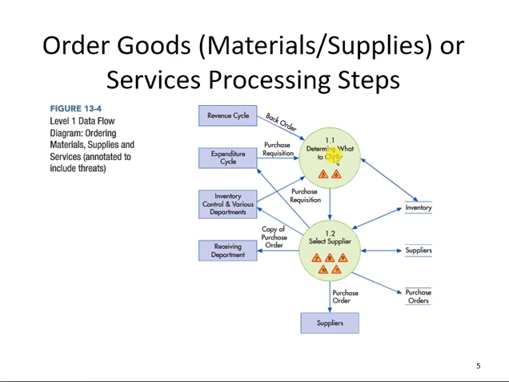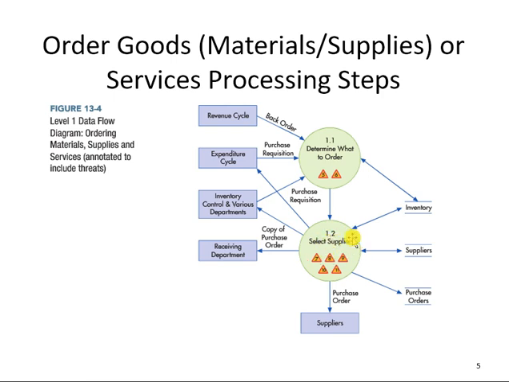So we're going to exchange information with the inventory master database to verify the request. Once it's determined what to order, we send the purchase request to the next process, select suppliers.